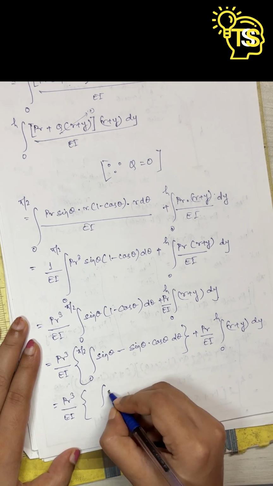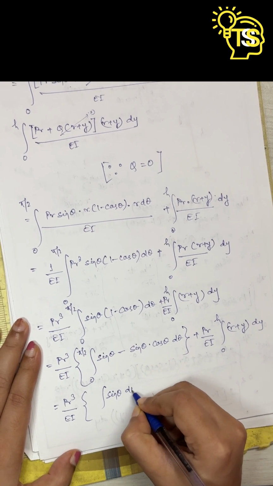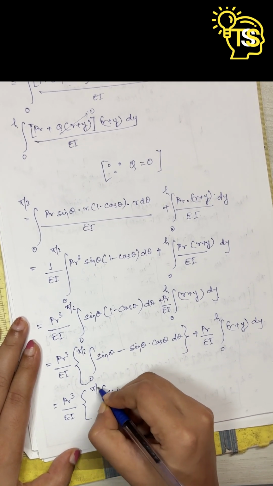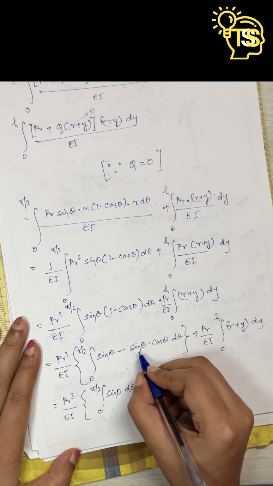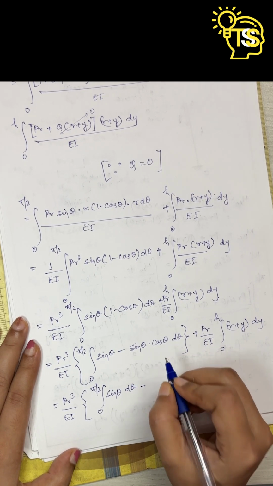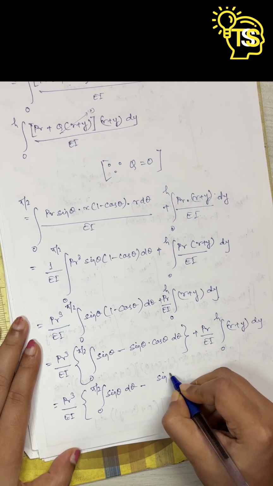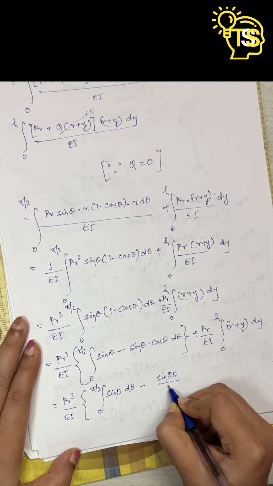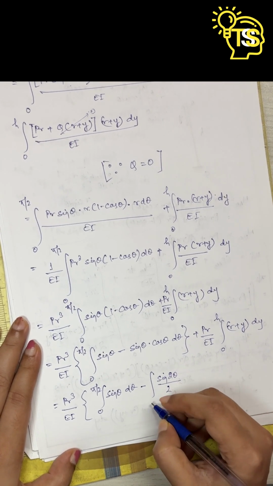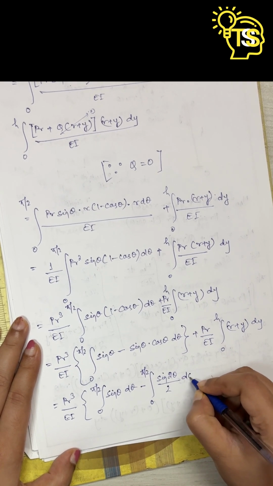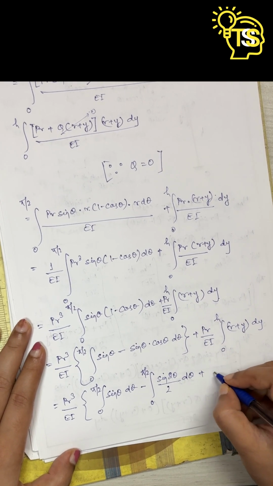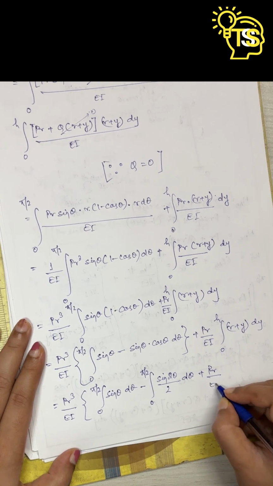We will get sin theta d theta 0 to pi by 2 minus, here in place of sin theta into cos theta we can write sin 2 theta upon 2, integration from 0 to pi by 2 d theta plus P R EI.